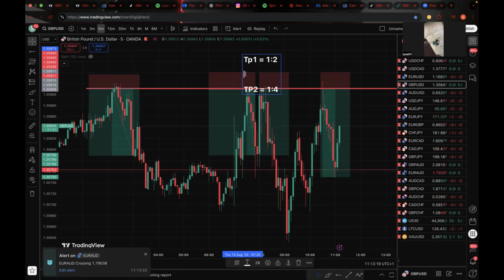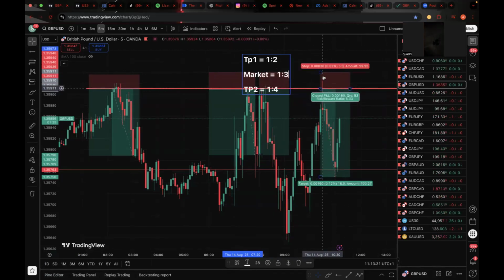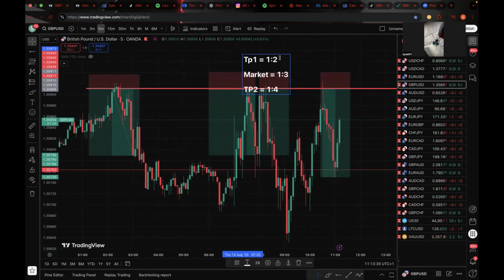The market hits 1 is to 3 before reversing and going to hit break even. Because when it hits TP1, we move our stop loss to break even, and when it hits TP2, we close at 1 is to 4. This market will hit TP1, get to this point, then go and hit break even.